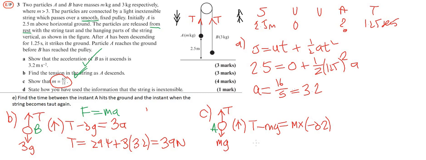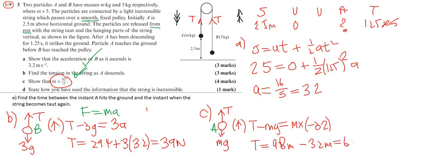So now I've got T equals, I'm going to add mg to both sides. mg is just 9.8m. Then I'm going to take away 3.2m.